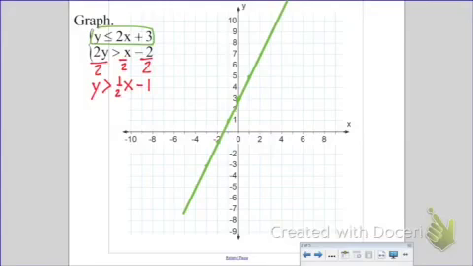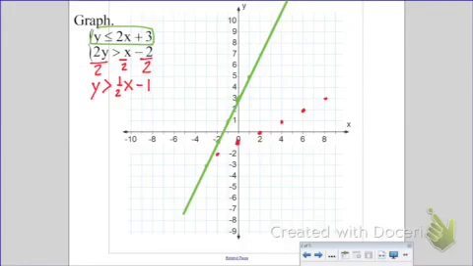Okay, let's look at the second problem, the red problem. The red problem has a y-intercept of -1, which is about right there. It has a slope of 1 over 2, so rise 1, run 2, and again, and again, and again. You want to do this as many times in both directions as possible.